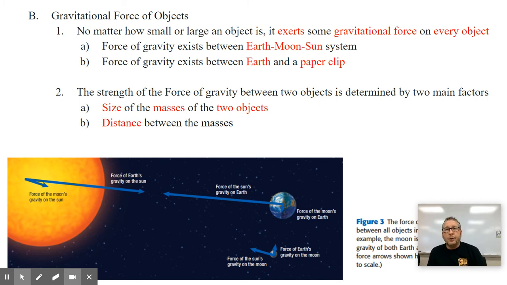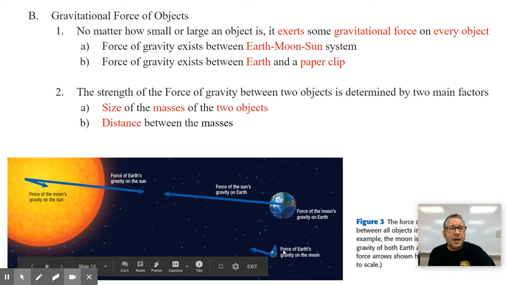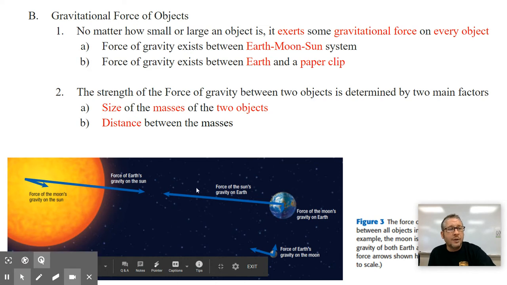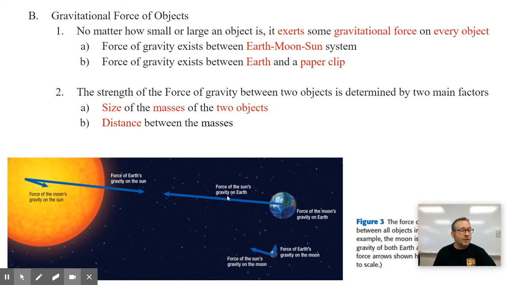We've got the Earth, Moon, Sun system, as it's known. Again, if you look down here at this image, there's an attraction between the Earth's gravity and the Moon. There's also attraction of the Sun's gravity on the Moon. There's an attraction between Earth and the Moon, Earth and the Sun, Sun and the Earth, Sun and the Moon. So they all have an attraction to each other.